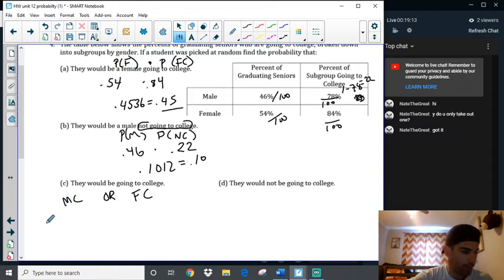Male, so the probability that you're male is going to be 0.46. And the probability that those male are going to college is going to be 0.78. Then the female, there's a 0.54 chance that it's going to be a female, and then that has a subgroup of 0.84. And now we just do our math.